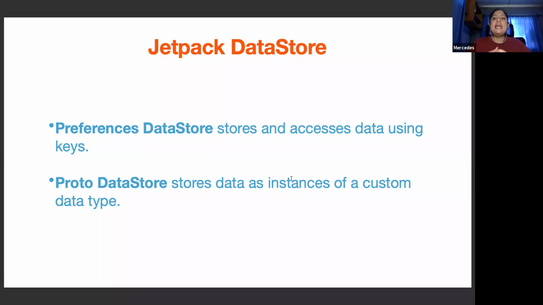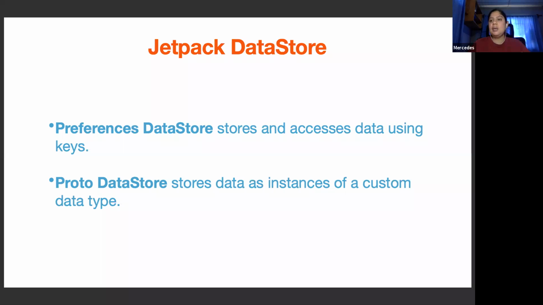Well, now architecture components in Jetpack is creating something new that will replace shared preferences, that will be the data store. And here we will have two kinds of ways to save the information. One is the preference data store, that will work in a similar way to shared preferences, with key-value pairs.